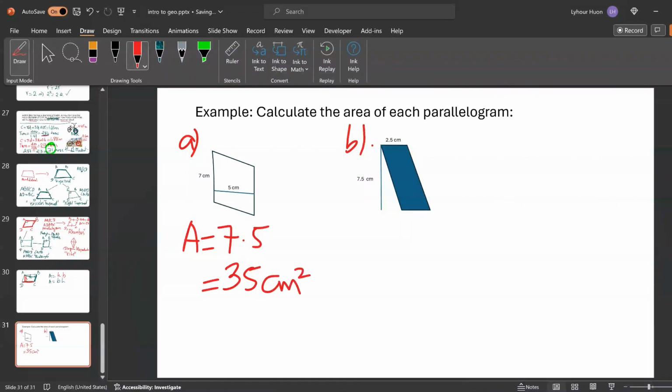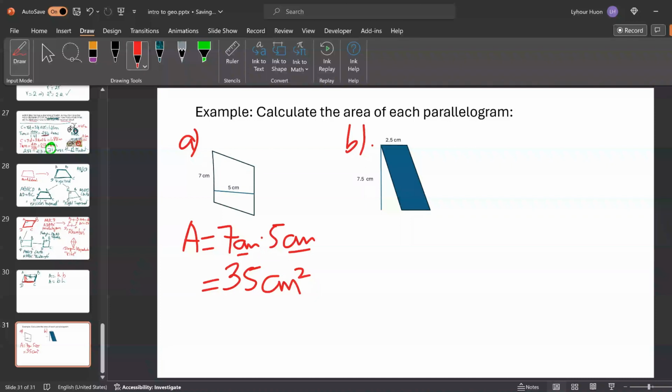Why is it centimeters squared? Because we're doing area. If we include the units, it will be 7 centimeters times 5 centimeters, so centimeter times centimeter gives centimeters squared.